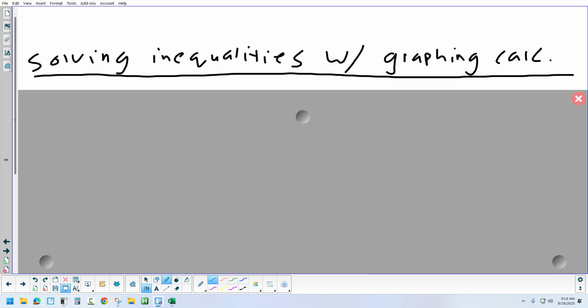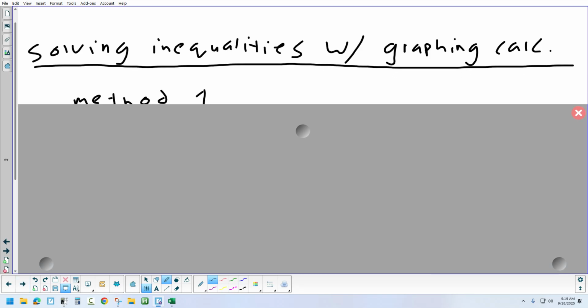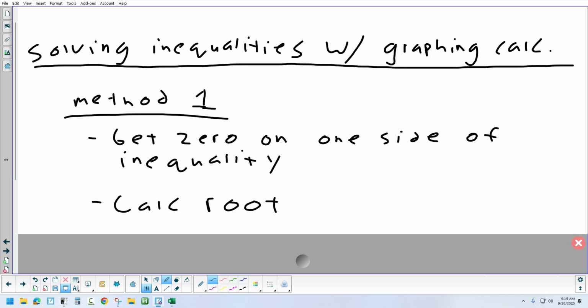Okay, so what about solving inequalities on the graphing calculator? Well, there's 2 different ways we can do it using features we've already talked about. We can either do the root, or on other calculators, I think mine, they call it the zero. So we can either use that feature, or we can also do it as an intersect.